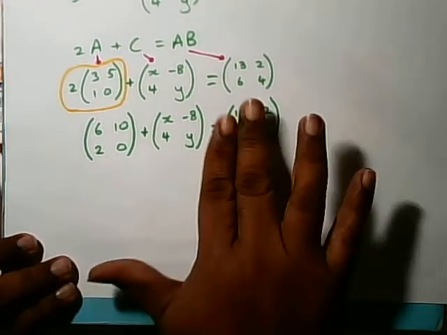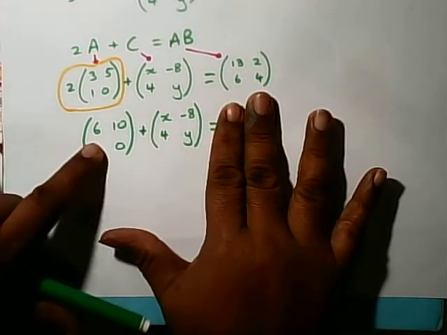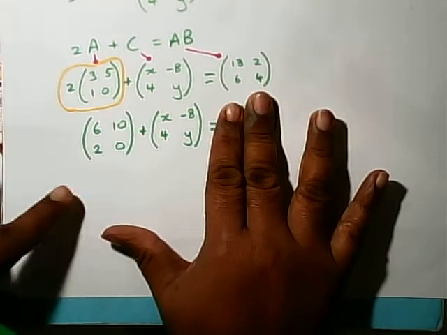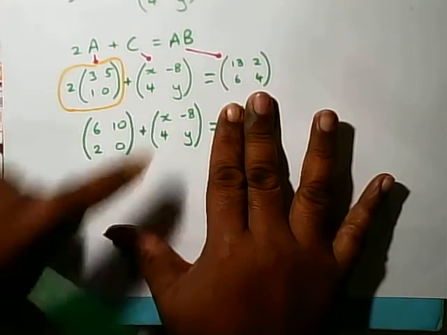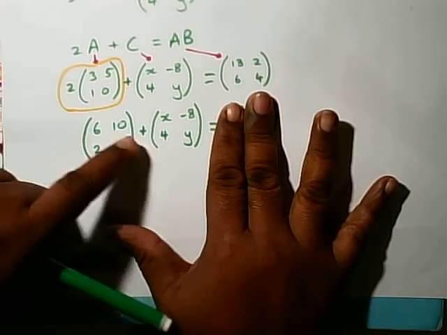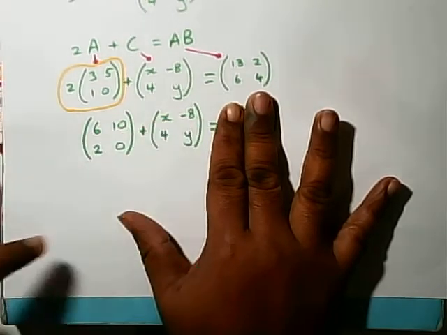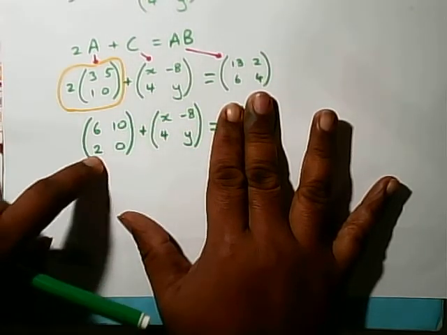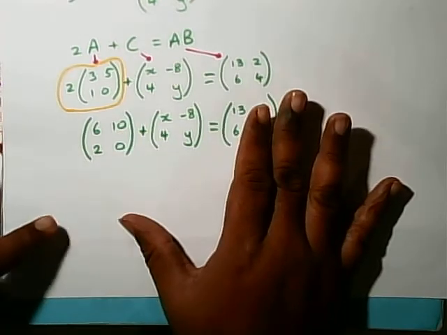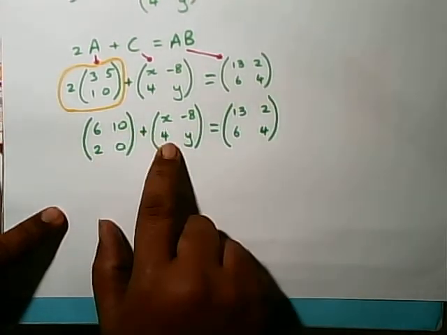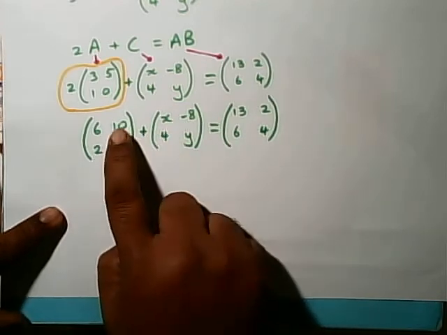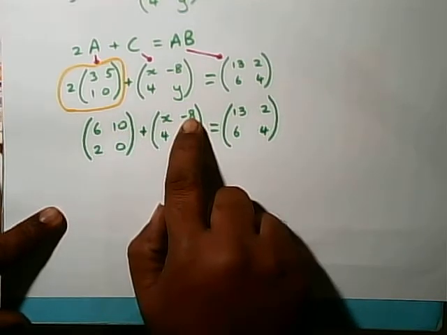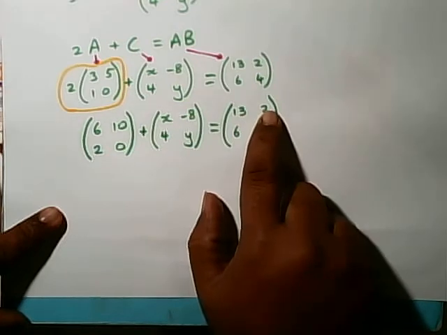We have to add the corresponding corners. 6 would add to X, 10 would add to minus 8, 2 would add to the 4. 2 add 4 is 6, and 10 plus minus 8 is 2.